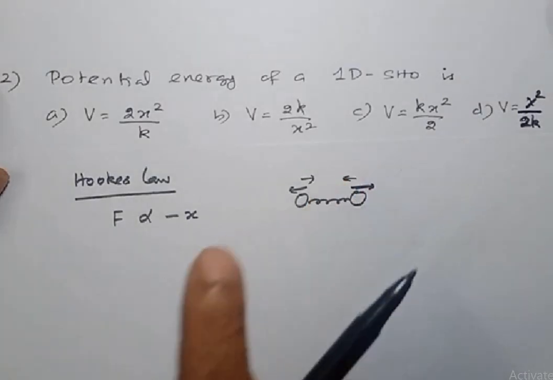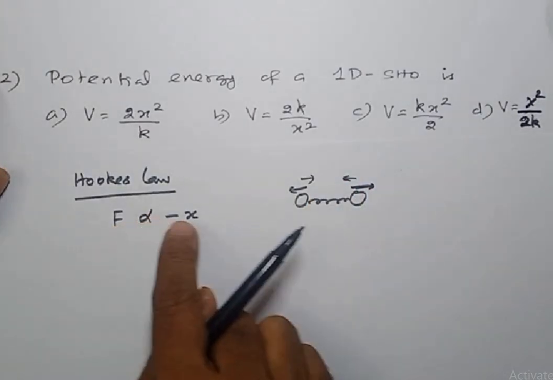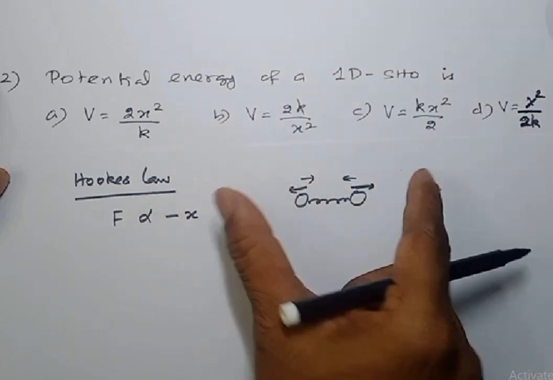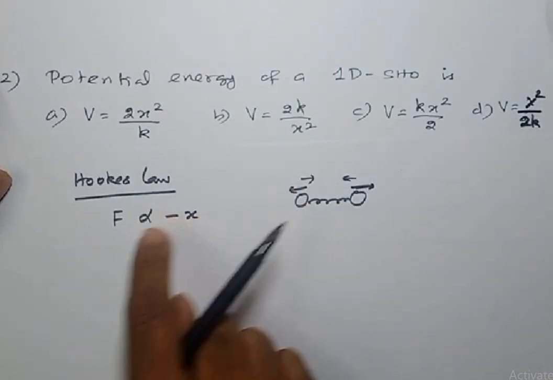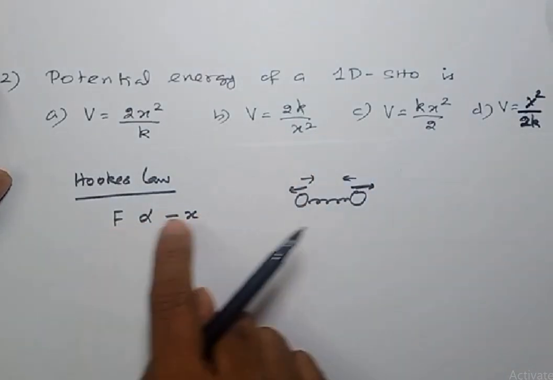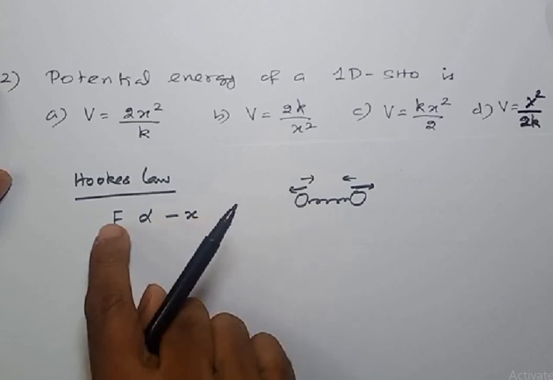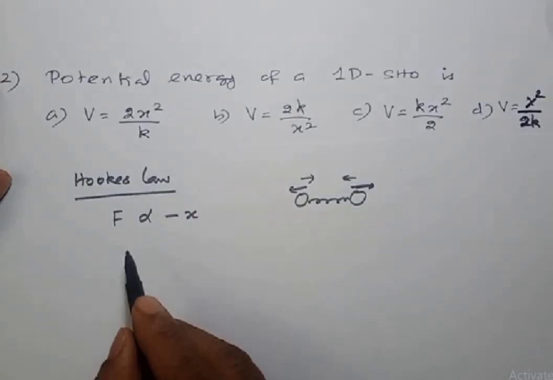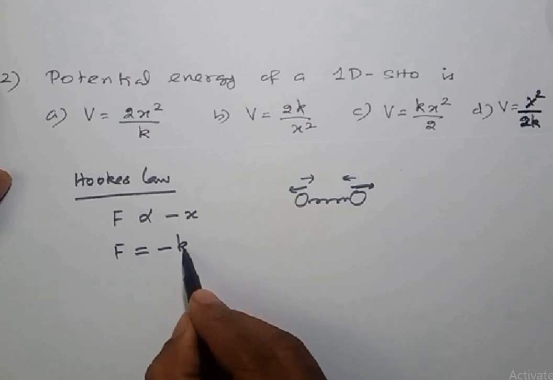We call that force the restoring force. Restoring force is directly proportional to minus of displacement. Displacement occurs in this direction, whereas the force acts in the opposite direction. That's why we put a minus sign. So F is the restoring force, x is the displacement, and the minus sign indicates that force and displacement are in opposite directions. If I equate this, we should introduce a constant. Yes, the constant is nothing but k.